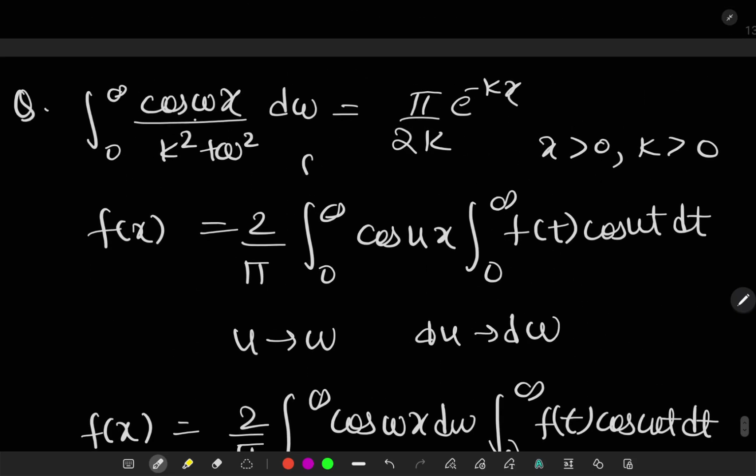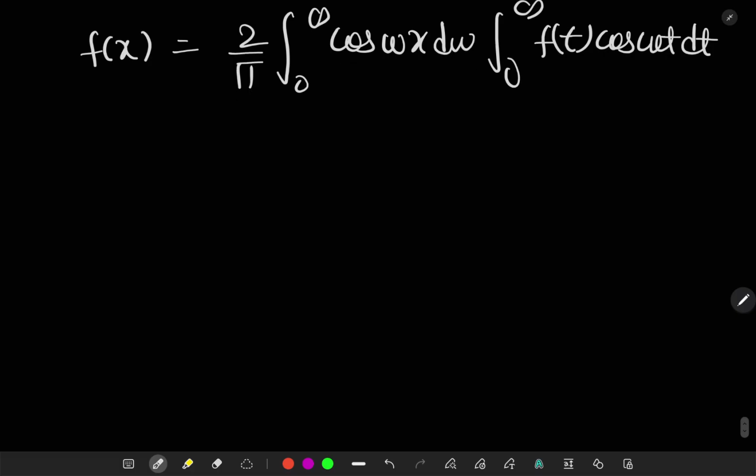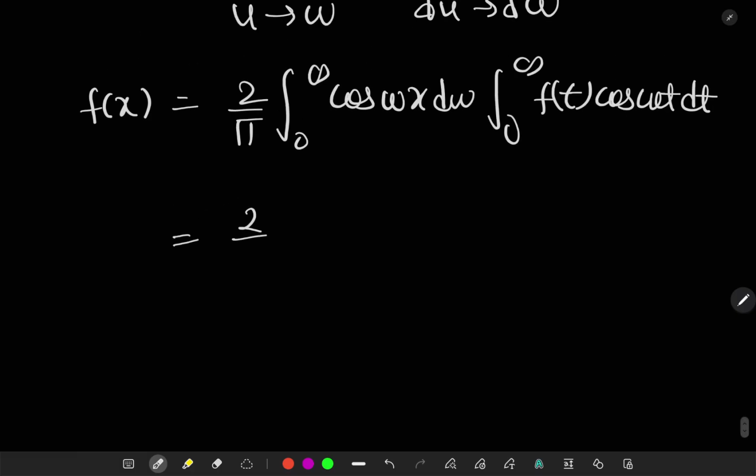Here for this question f t is given as e raised to power minus kt. Now here we put e raised to power minus kt.